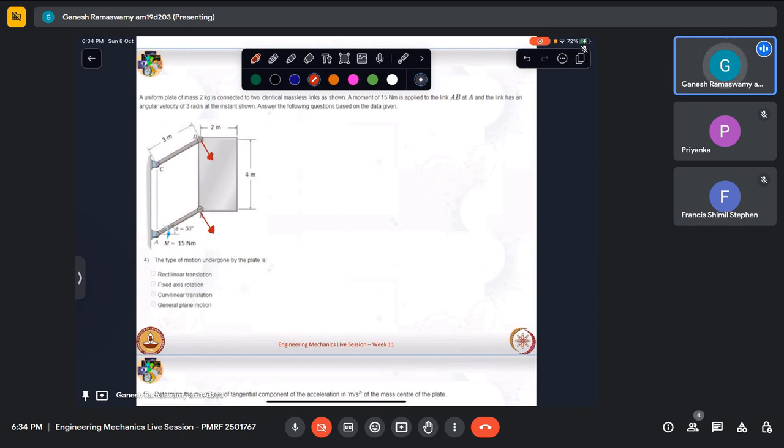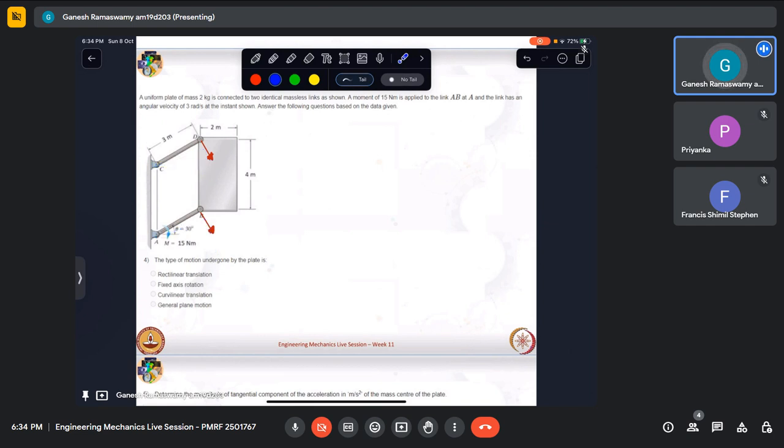In such a case, if I take my plate, I can see that I have two velocities which are parallel and equal. In such a case, I can see that this will also be having the same velocity, and this is having curvilinear motion. At the next instant, when the links will be like that, the velocities will be pointing like that.